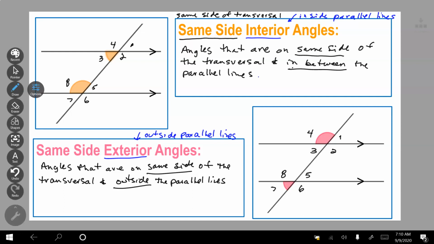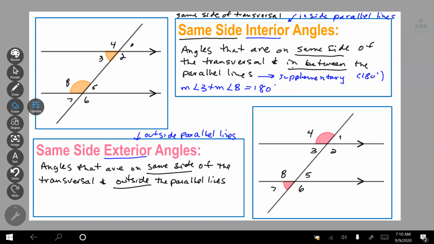And we just saw by Euclid's fifth, they have to be supplementary, which means 180 degrees. So these two angles here in orange, angle 3 and angle 8, are same side interior angles because they are on the same side of the transversal on the left side and inside the parallel lines. So the measure of angle 3 plus the measure of angle 8 is equal to 180 degrees.